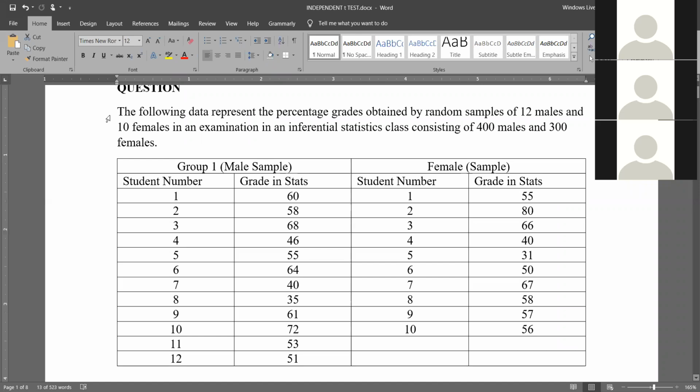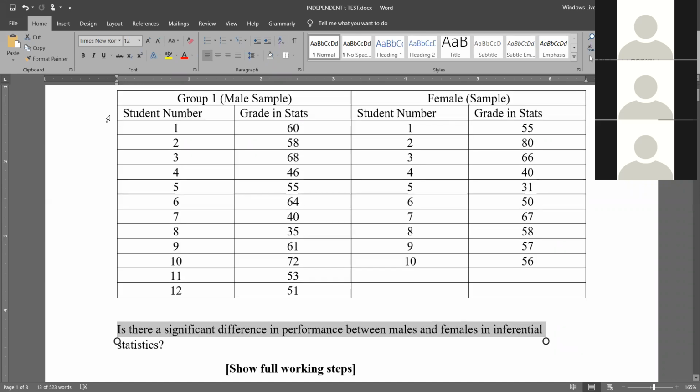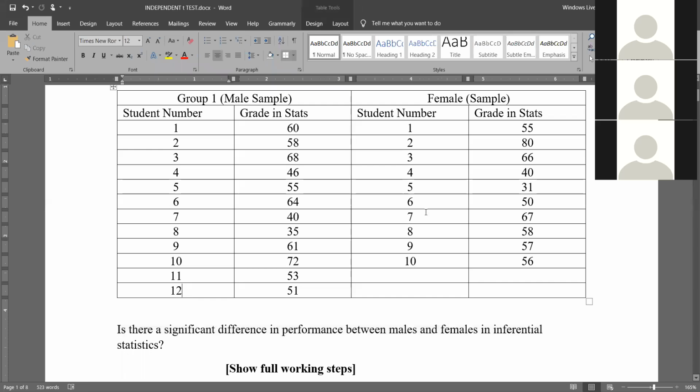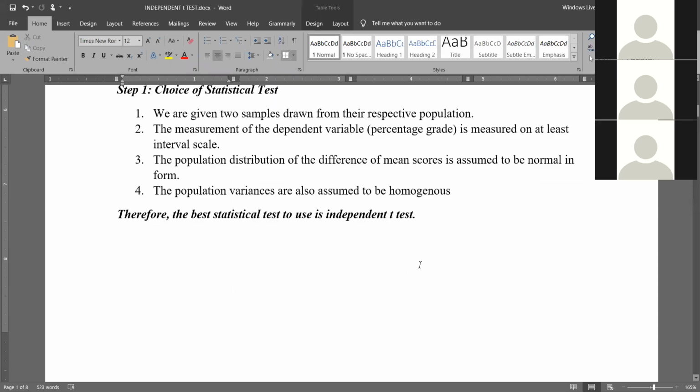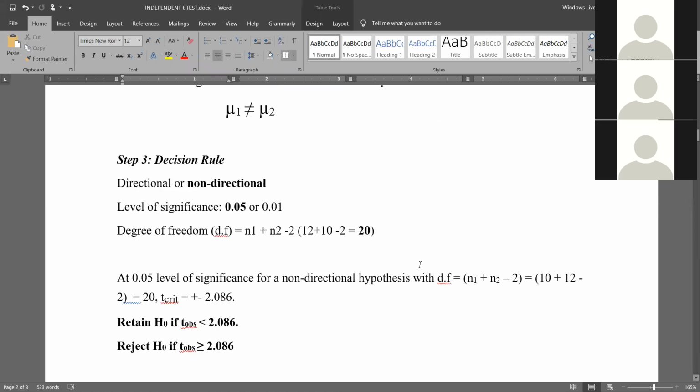Or if you can't find it in the question, go through the data. In group 1, they told you we have student number 1 up to 12. So it means the total number of people for group 1 is 12. Then under group 2, which is the female sample, the total number of people is 10. So it will be 12 plus 10 minus 2. When you calculate it, it will be 20.